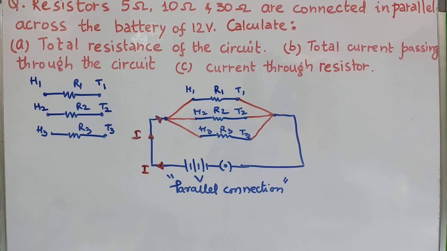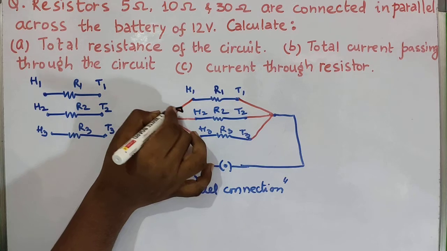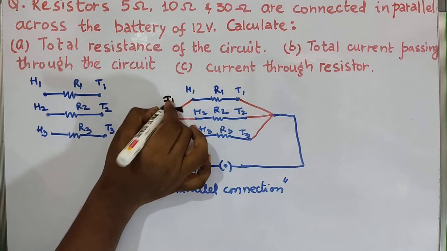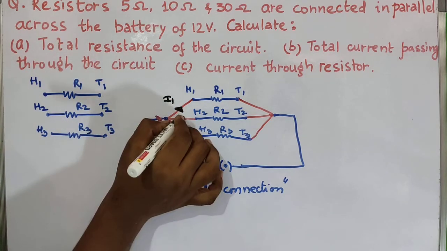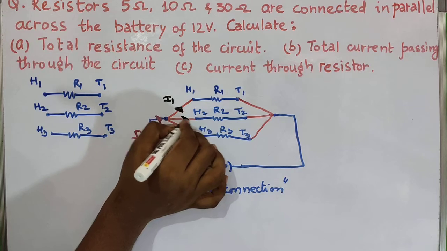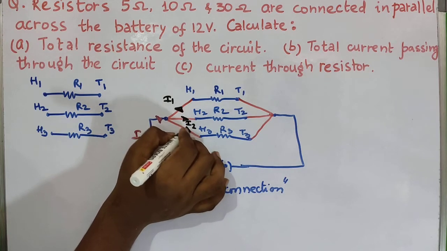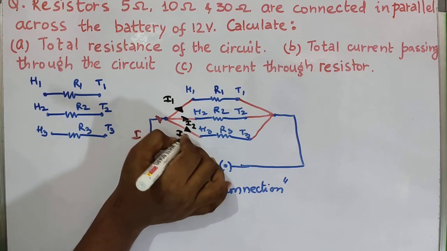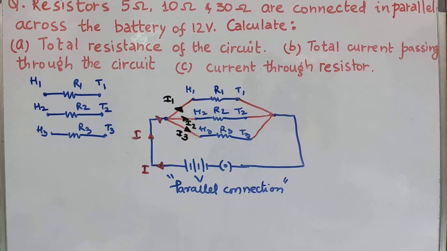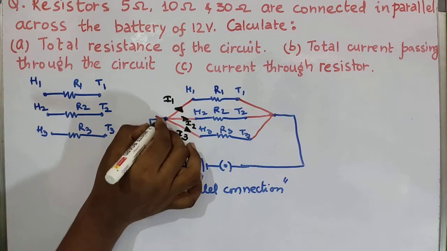Now since current has 3 paths, what would happen? Current will divide between 3 paths. So let us call the current through path 1 as I1, path 2 I2, and path 3 I3. So current gets divided at this junction.